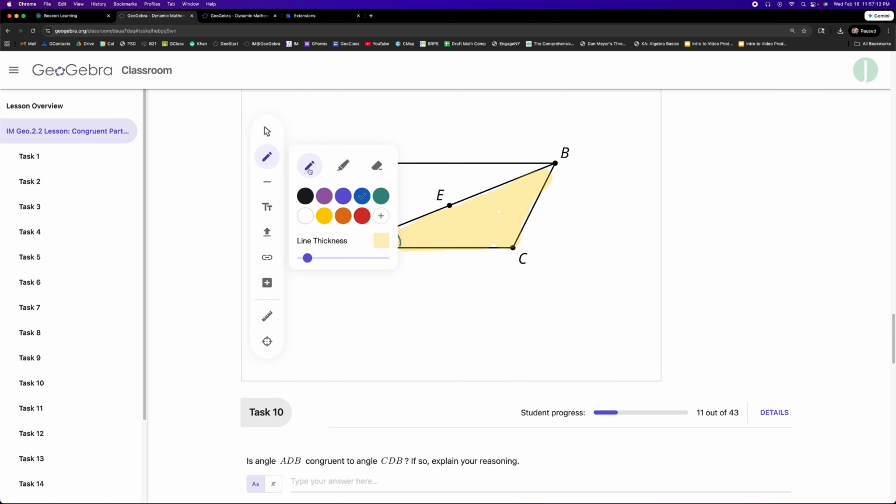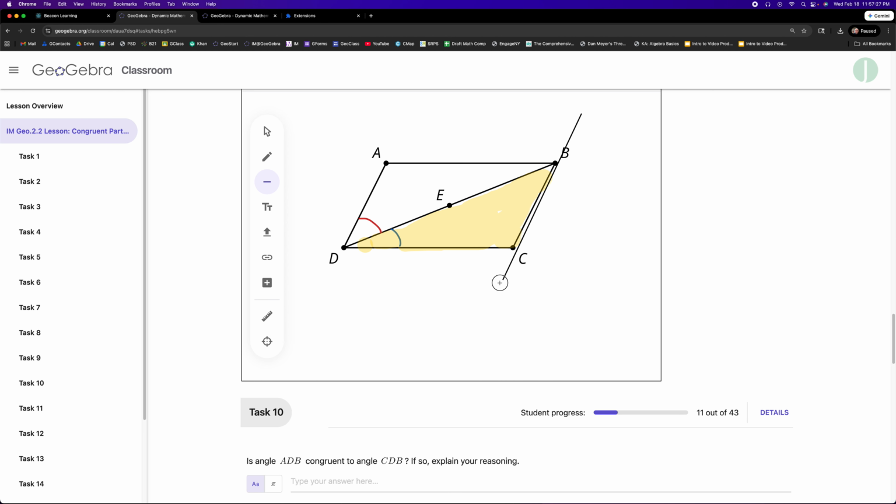Let me look at that. Actually, let me draw some lines here. So if I think about this, remember that if you have a line and you rotate it 180 degrees, if you pick the center of that line or somewhere on that line and you rotate it 180 degrees, it'll land right back on itself.